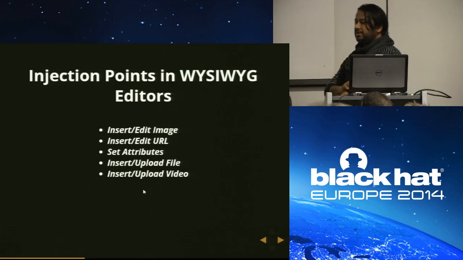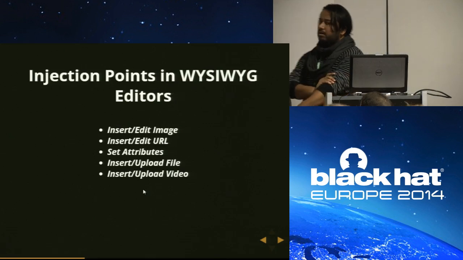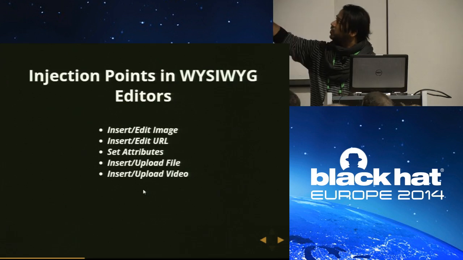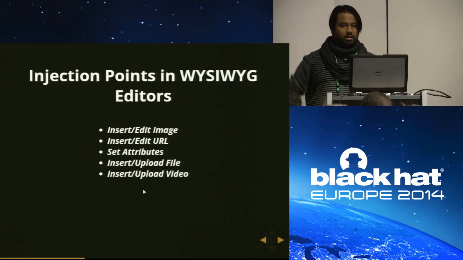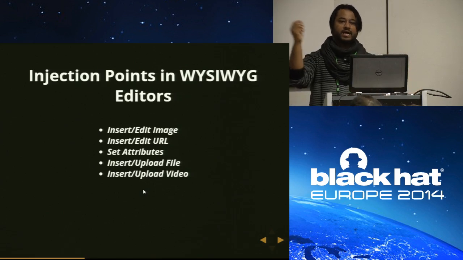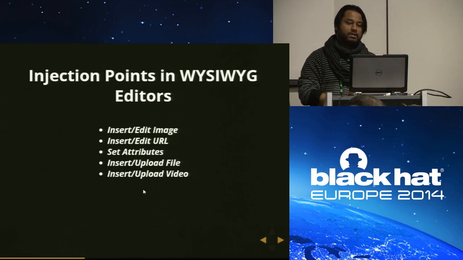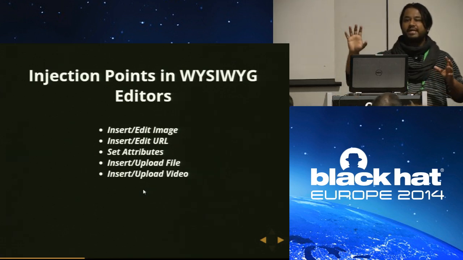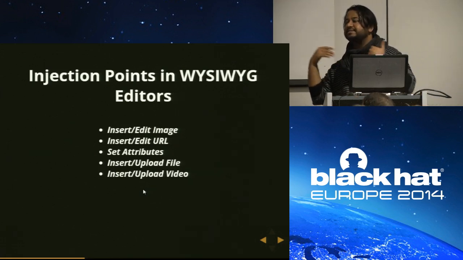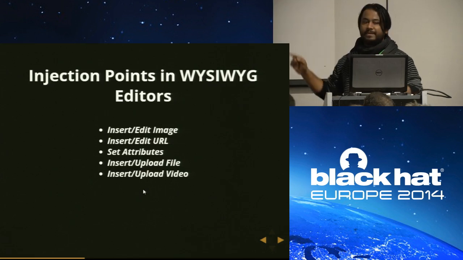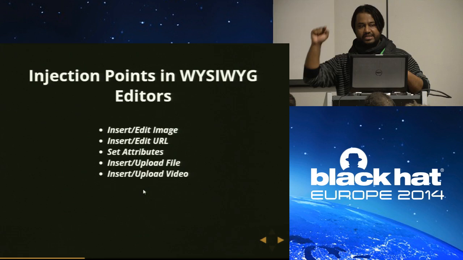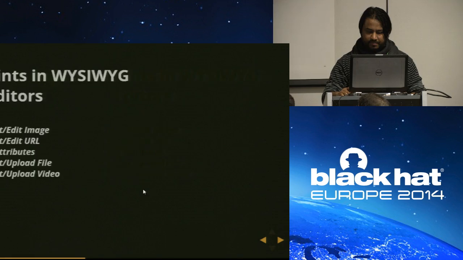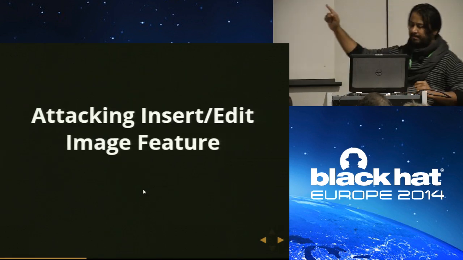In my experience and research, I found almost all WYSIWYG editors allow you to insert an image, insert a URL, and set some attributes like ID and class. They also allow you to upload a file or a video. These are the common injection points that I as an attacker can use. For each injection point, there is a particular methodology that you can follow to XSS any WYSIWYG editor. So let's start with the first one.